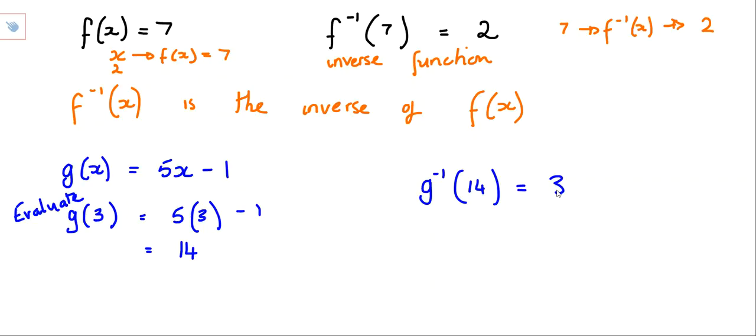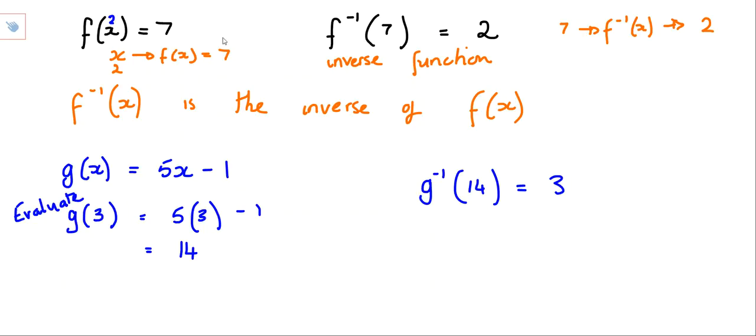Would that mean for the 7 one, it would be f minus 1 bracket 2 equals 7? No, because over here, look, f of 2 equals 7. That's what we did to start with. Other way around. So we're doing the inverse, and the inverse is kind of the opposite. If we know what the answer is for the function, we then do the opposite way round.